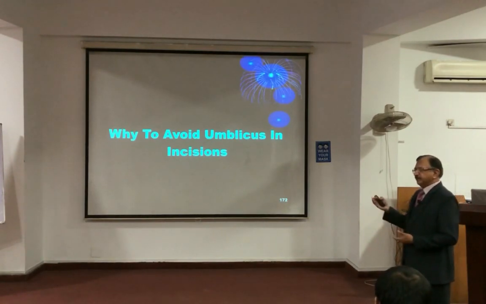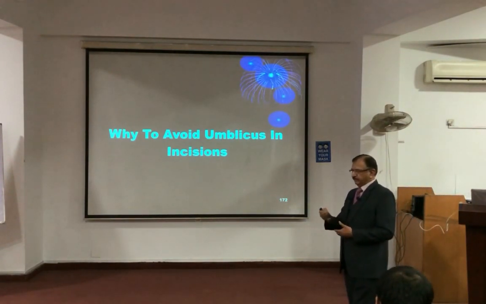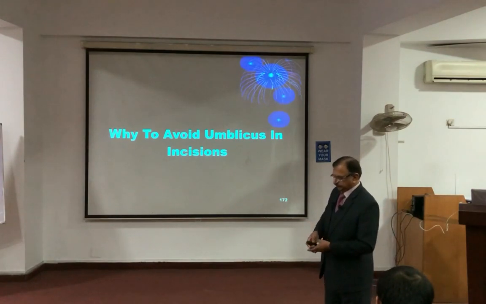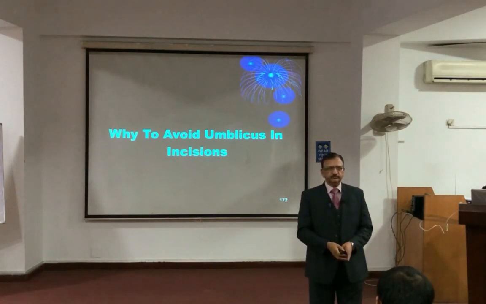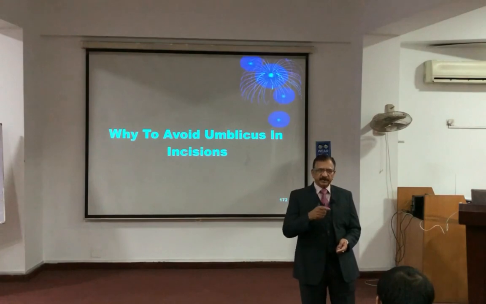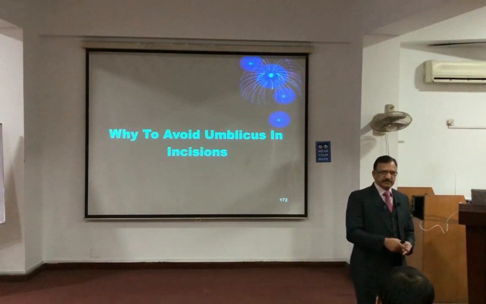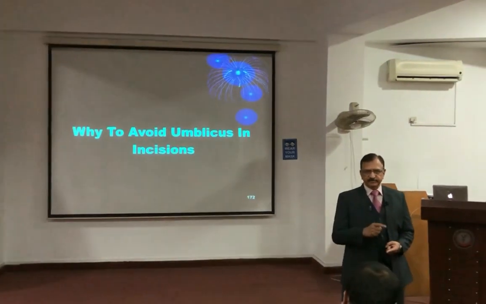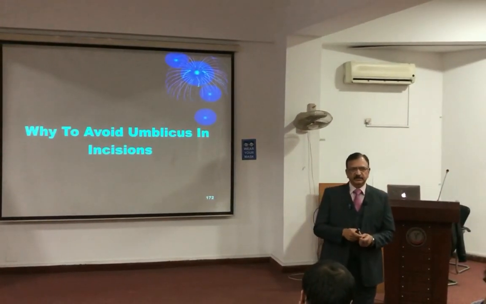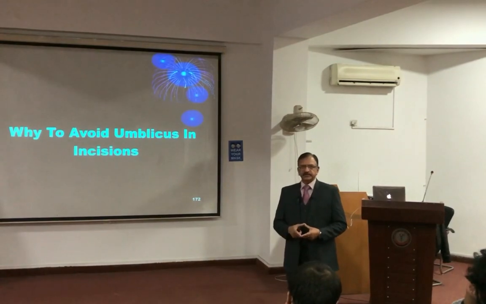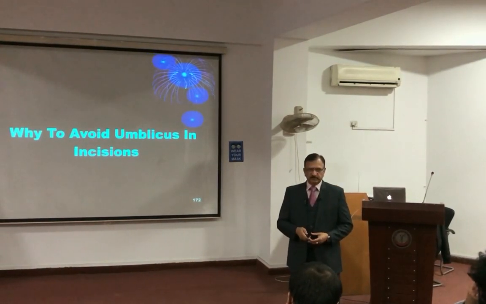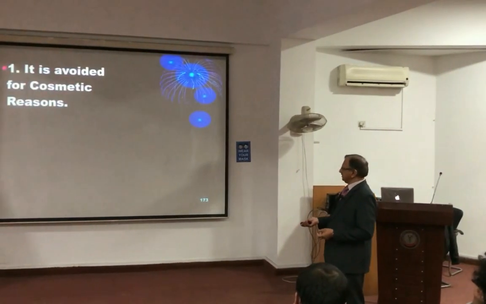I have time and again mentioned: avoid the umbilicus. Why? It's difficult to cut first, then difficult to stitch. For cosmetic reasons, it will disfigure the body, and most important, some hidden injury may be there. It's a fibromuscular structure.